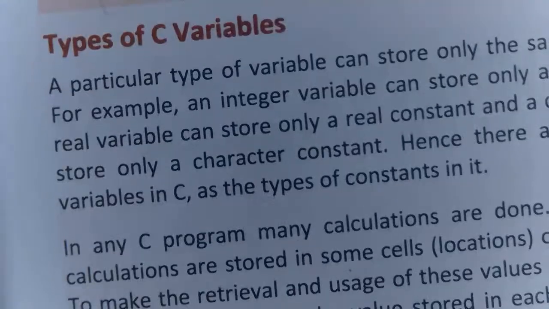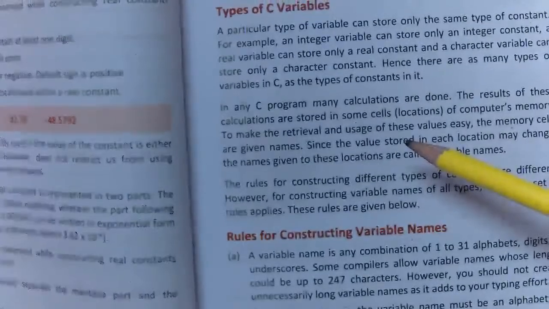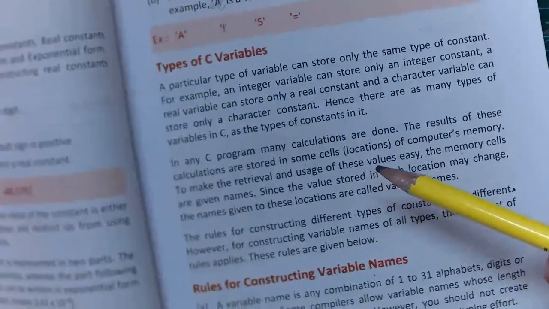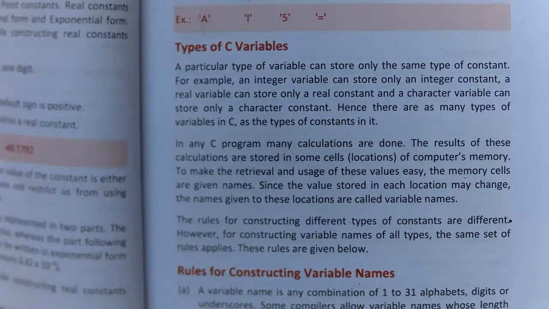Types of C variables. A particular type of variable can store only the same type of constant. For example, if you write int, it will save only integers.